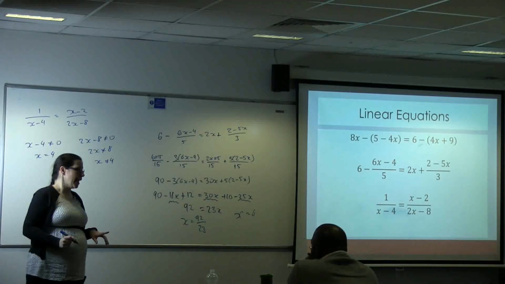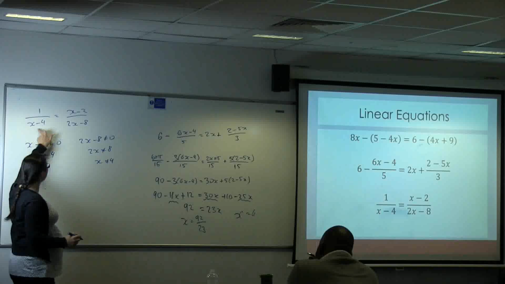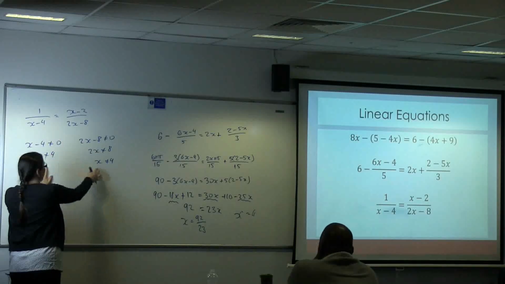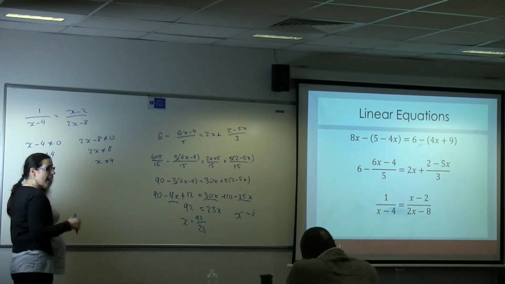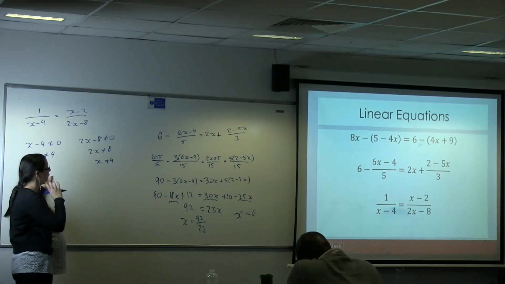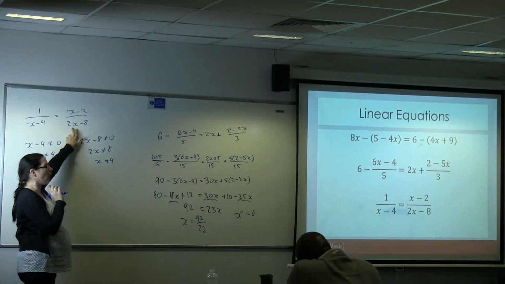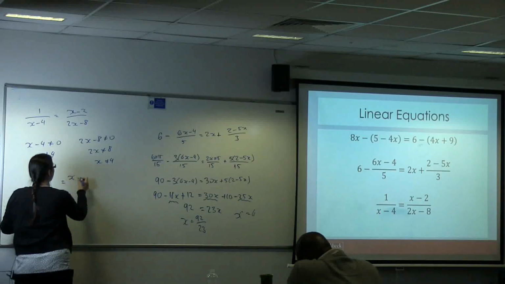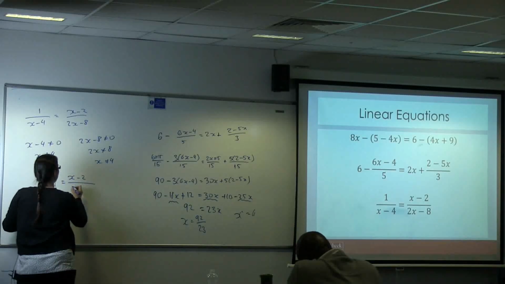Now what's going on in here? They are seemingly two different denominators, but they're both giving me the same x that cannot be equal to. So that means actually, if I look at this one, I can rewrite that denominator as 2 times x minus 4.